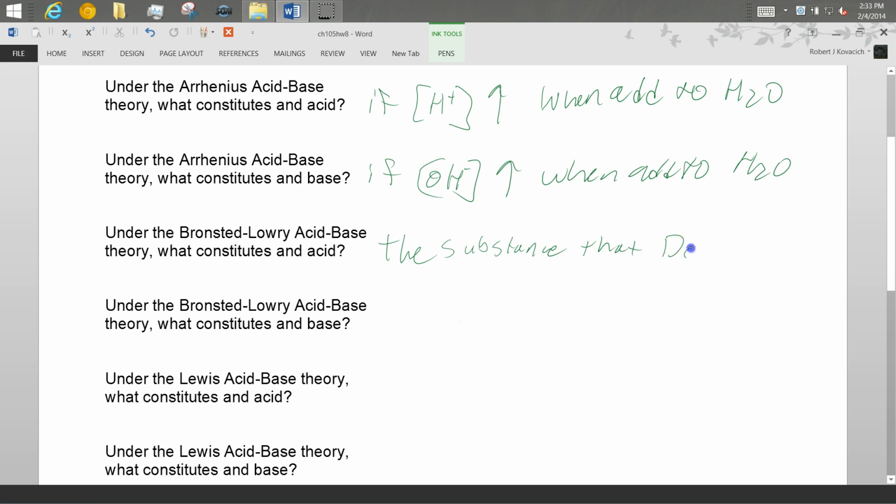No, that's the one that donates H pluses. The other one accepts them.